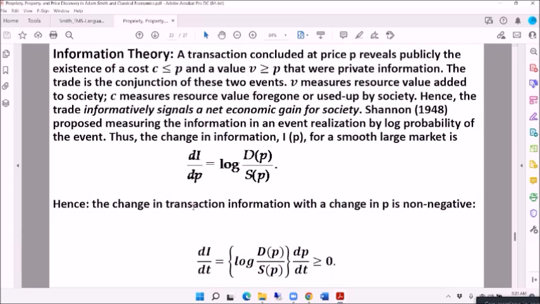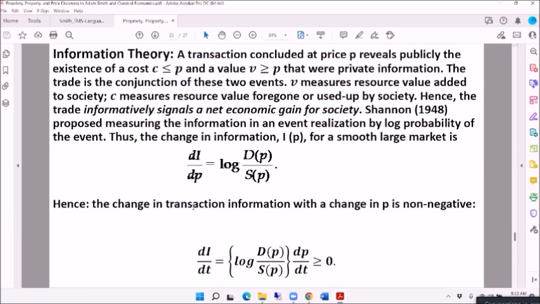That model. Now here's the information theory. Think of a transaction in this market involving a buyer and seller, and they decide to trade at some price P. What does that mean? It means that the seller's cost is no greater than the price P, if it's profitable. Otherwise he's not motivated to trade. And the buyer's value is not smaller than P. So we have V and C as private information, just like in that first experiment I showed you.